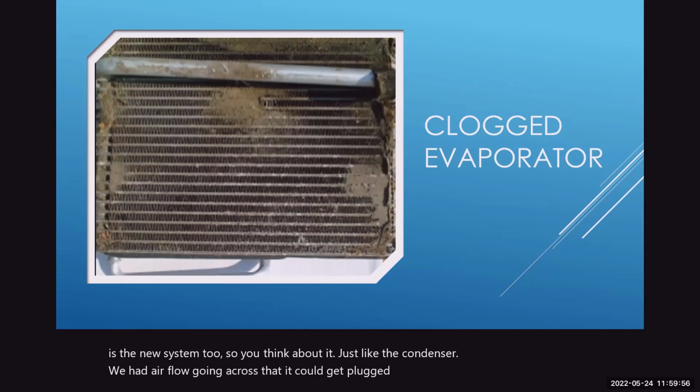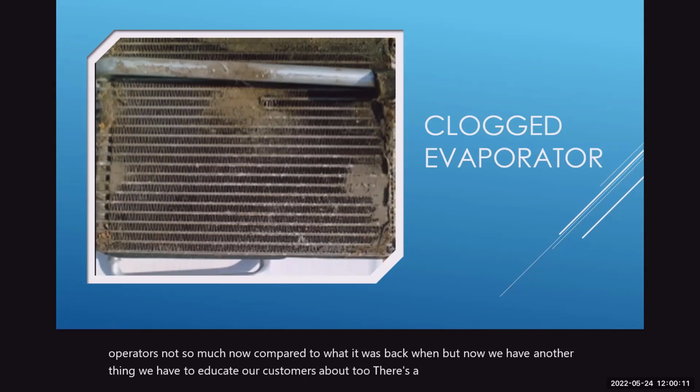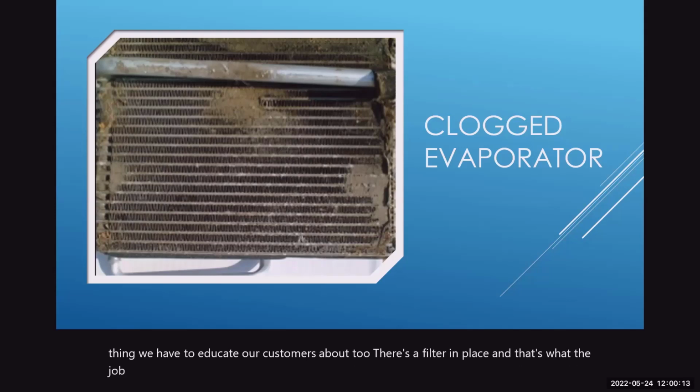Same thing with the older evaporators. Not so much now compared to what it was back when, but now we have another thing we have to educate our customers about too. There's a filter in place, and that's its job, to make sure you don't get that dirty air inside the actual passenger compartment.